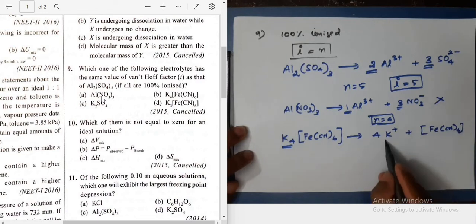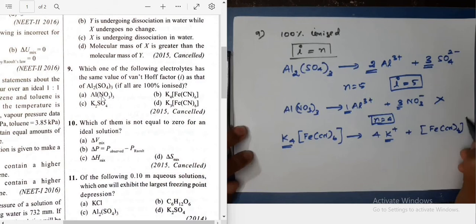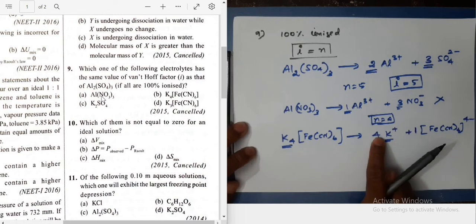Since each potassium carries 1 plus charge and we have 4 potassium, there are totally 4 positive charges. To balance that, there should be 4 minus charge on this ion. This is charge, but the number of ion is only 1. I got 1 complex ion and 4 potassium ions.